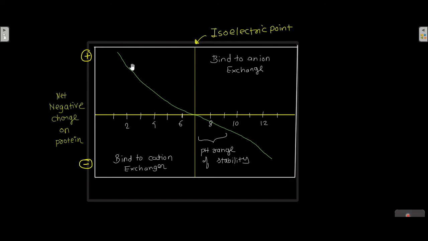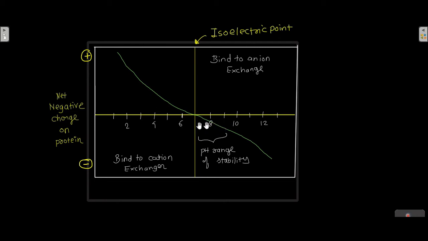Okay, so in this range, that particular protein is going to bind to a cationic exchanger as it is positively charged, and in this range, that particular biomolecule is going to bind to anion exchanger as it is negatively charged. Now in this range, okay, between 6 to 10, the protein is stable.